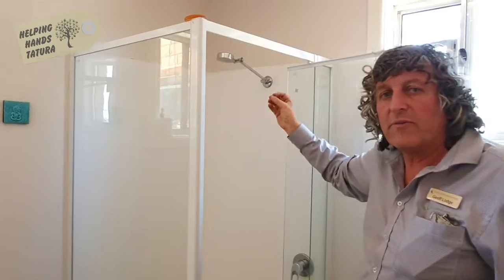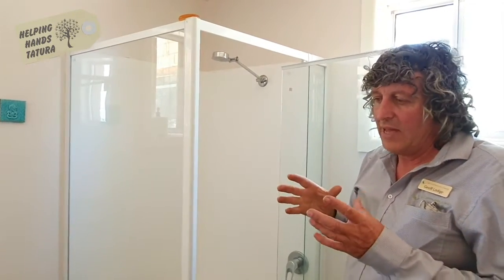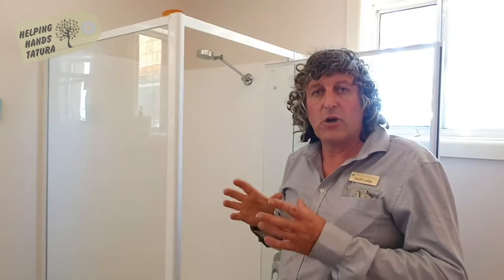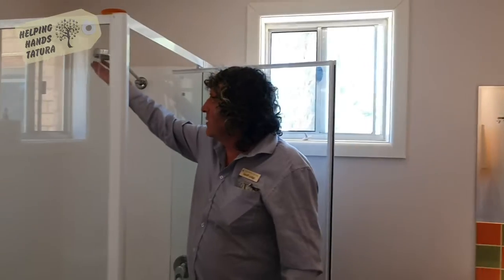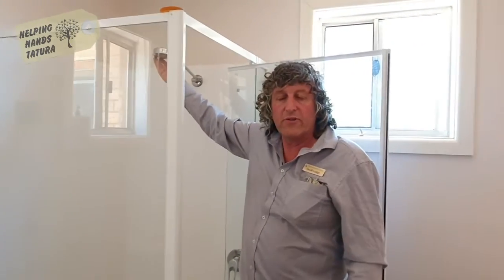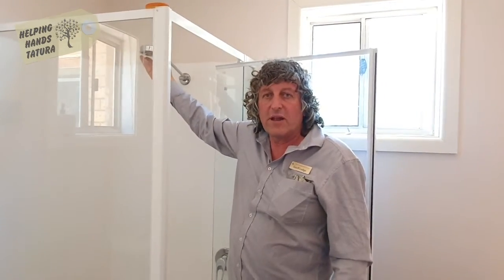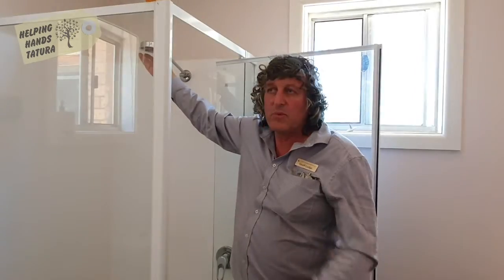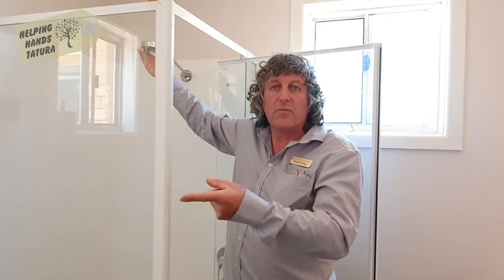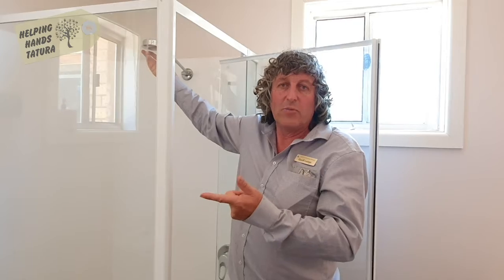The thing to be mindful of is houses that have instantaneous gas hot water systems. Some of the older models do not function effectively when you put on a very water efficient shower rose. So the ones that are around 2 to 3 litres can be problematic with some of the older instantaneous hot water systems.